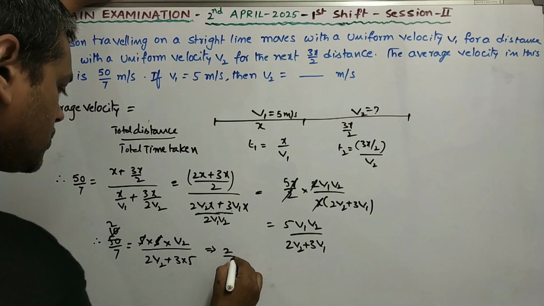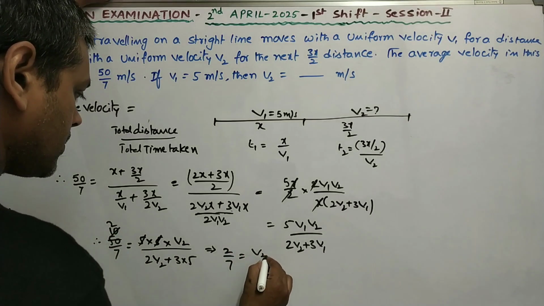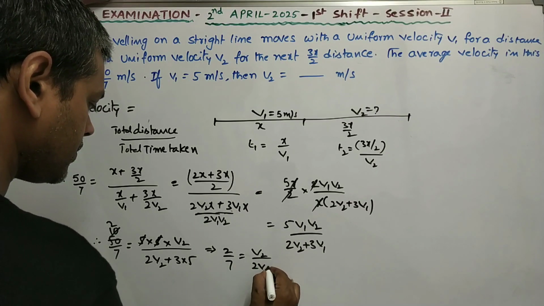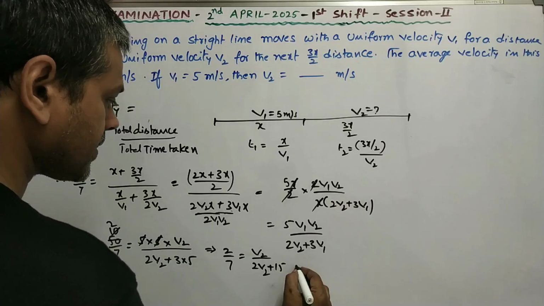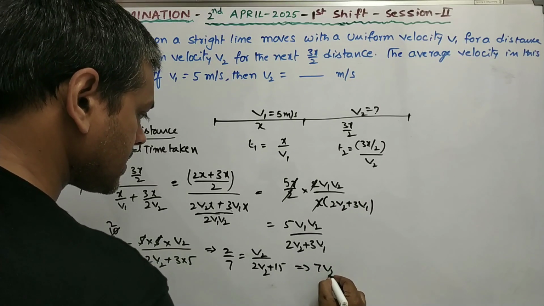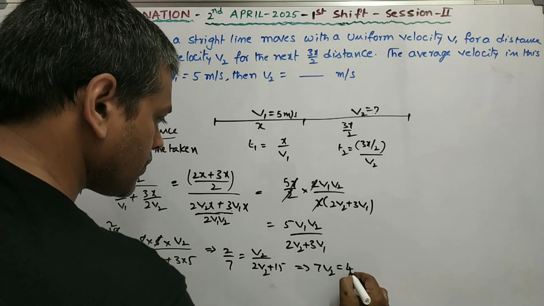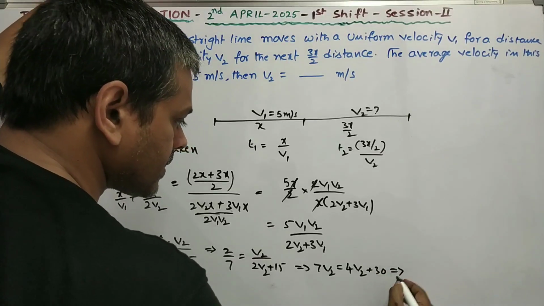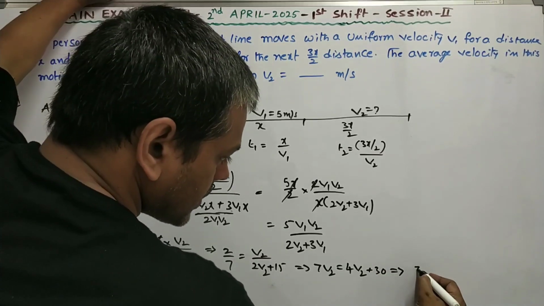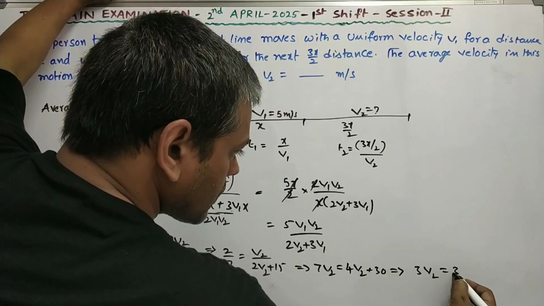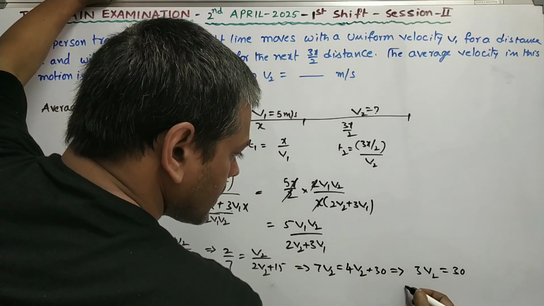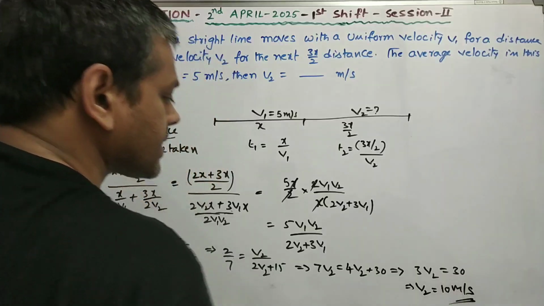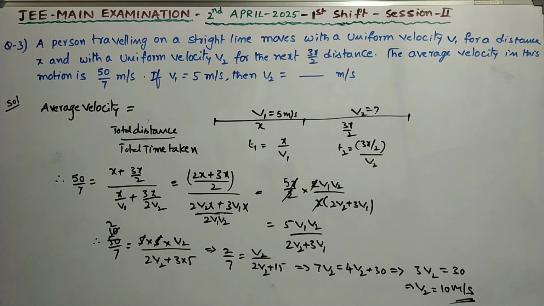So that implies 2 by 7 is equal to what? v2 by 2v2 plus 15. That implies 7v2 is equal to what? 4v2 plus 30. That implies 3v2 is equal to what? 30. That implies v2 is equal to what? 10 meter per second. Okay, right.